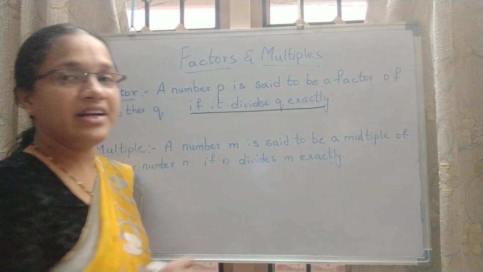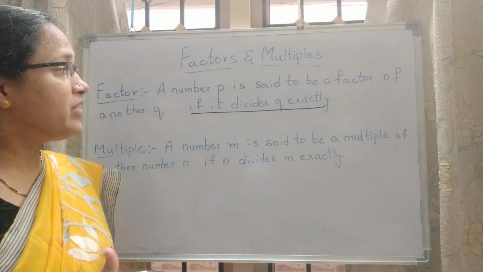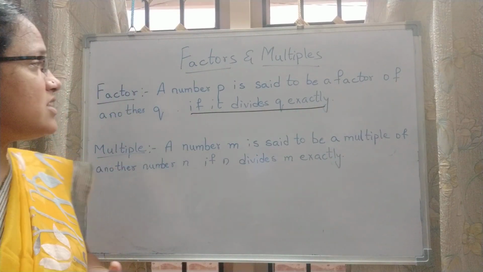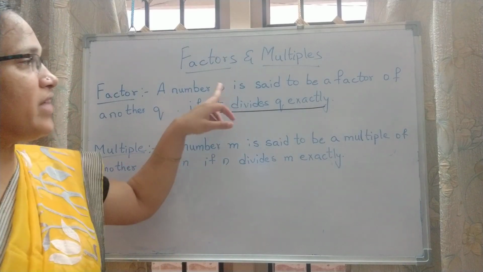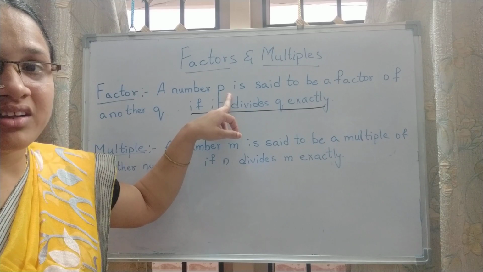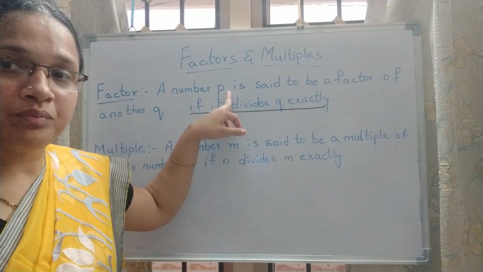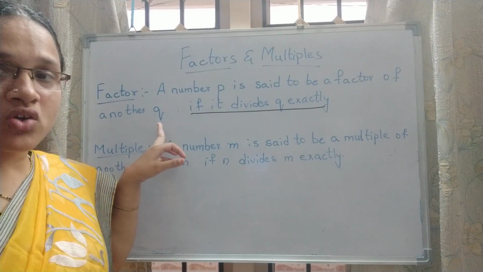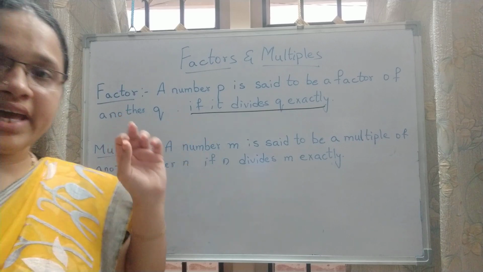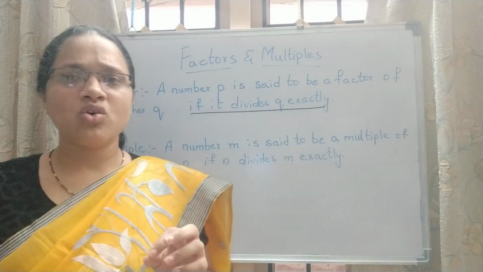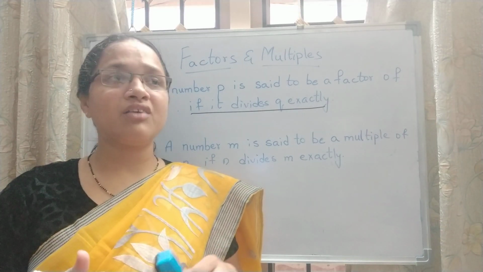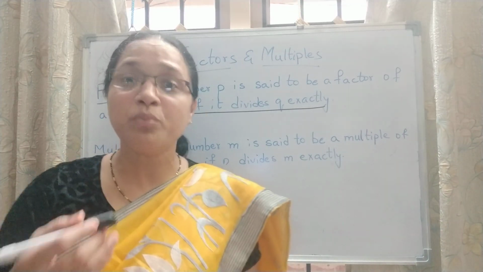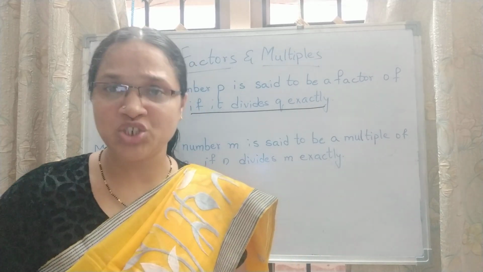P is called the factor of Q when it divides Q exactly. Rather than learning the definitions, if you learn it in the form of an example or a numerical way, you can understand much better.